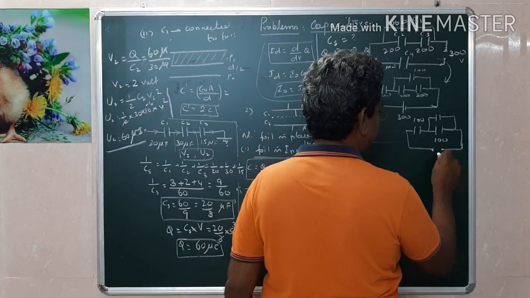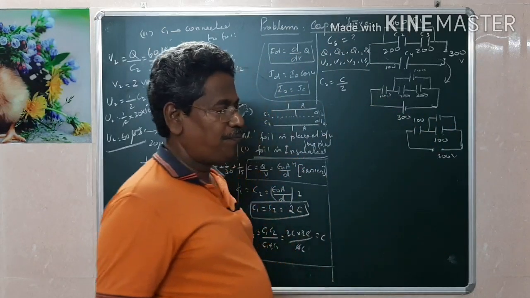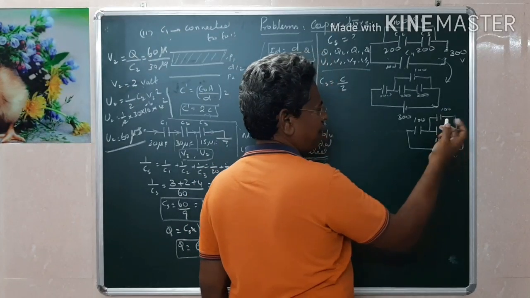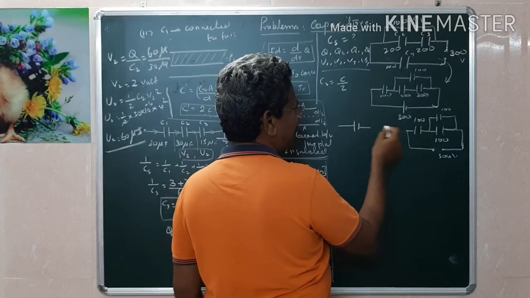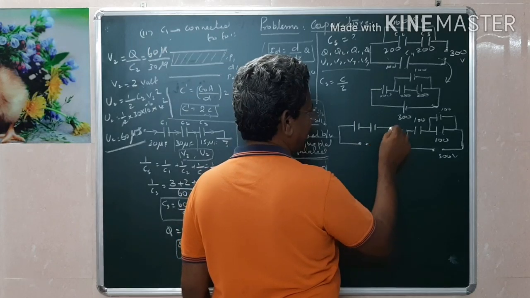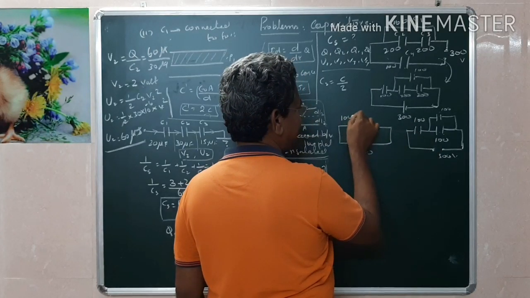Remember, here we are having 300 volt. First thing I am using is Cs equal to C by 2. Then this 100, this 100, when two capacitors are in parallel, 100 plus 100 becomes 200. That's all. Therefore, this will become 300, and this is 100.